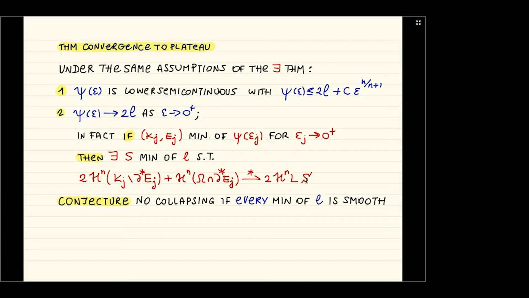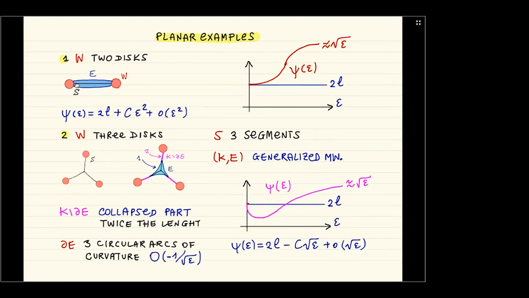So what is the conjecture that you can make based on these few examples? In the case where every minimizer of the plateau problem is smooth, so in a case where I give you some boundary conditions so that minimizers S in the plateau problem are smooth, they never have singularities, then I may hope that I converge there smoothly, so that my capillarity boundaries never have this collapsing, never have this complicated structure, but just look like normal graphs.